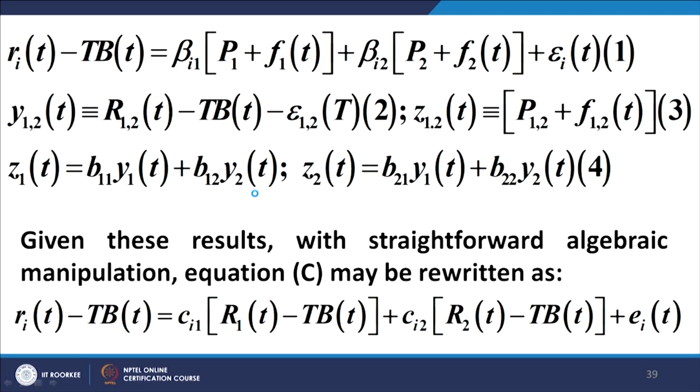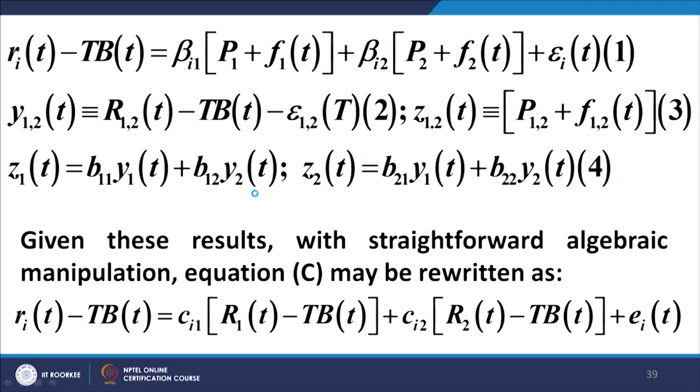Now, it is obvious that in equation number 1, I can make the substitution from equation number 3, and what I will get is a relationship between R_it, that is the return on security i, and the various z's, that is z1t and z2t. But z1t and z2t are both expressible in terms of y1t and y2t as shown in equation number 4.